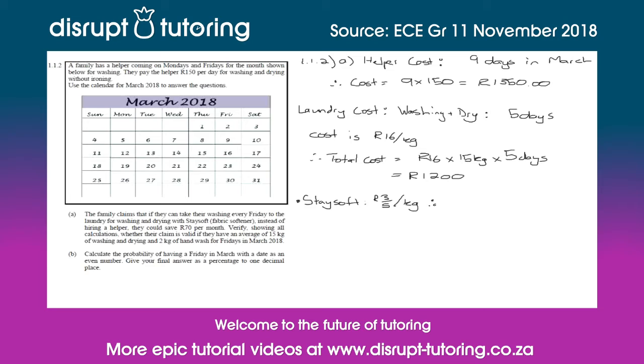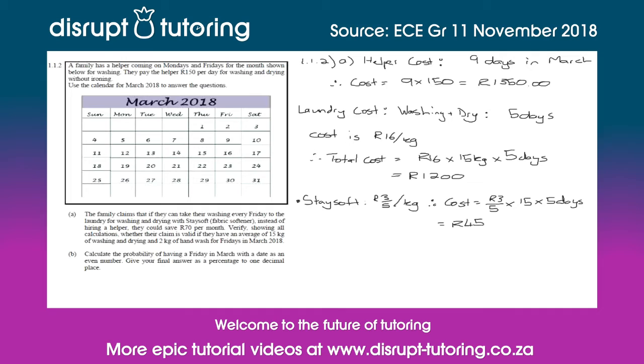Therefore, our cost is a similar working out: it will equal 3 Rand per 5 kilos times the 15 kilos that they have, times the 5 days, so the 5 Fridays that they are going to use this. This comes to a total of 45 Rand.